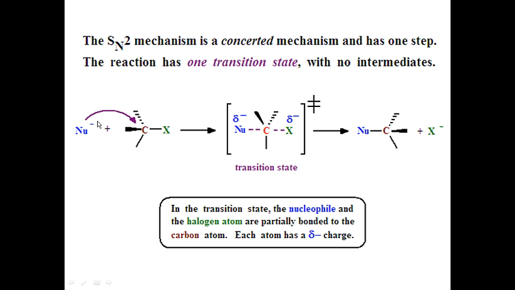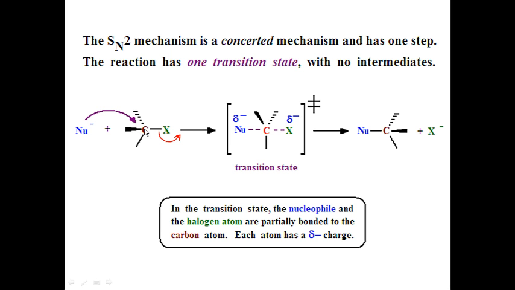So when the nucleophile comes in and attacks the carbon and the carbon-halogen bond leaves, our transition state would look like this. It's an average between no nucleophile-carbon bond and a nucleophile-carbon bond, so we put our dotted line.